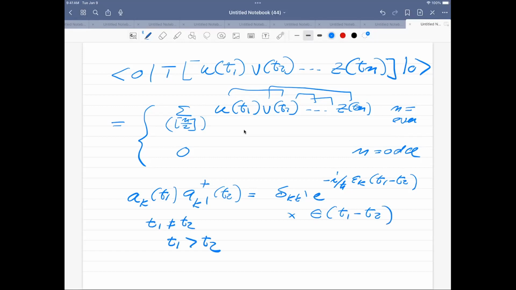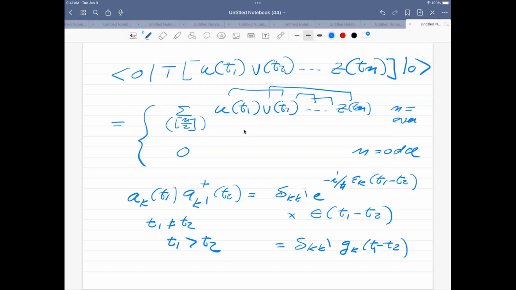So I'm going to redefine this, because later when we introduce Green's functions, this is going to be a handy formalism. So I will redefine this equation here in terms of a function where I now have a delta K K prime, and then I have a function which I call G of K of T1 minus T2.